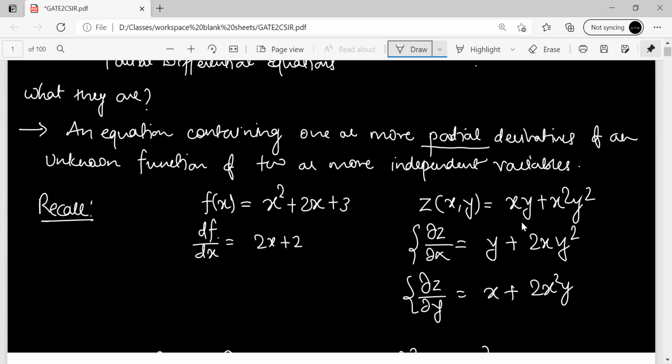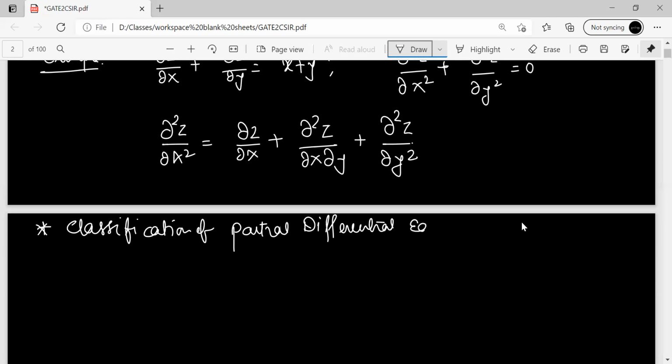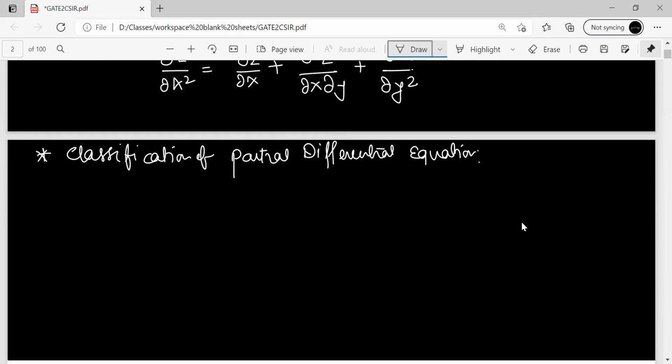So our goal is now to classify them. This classification is important. So the classification of partial differential equations.